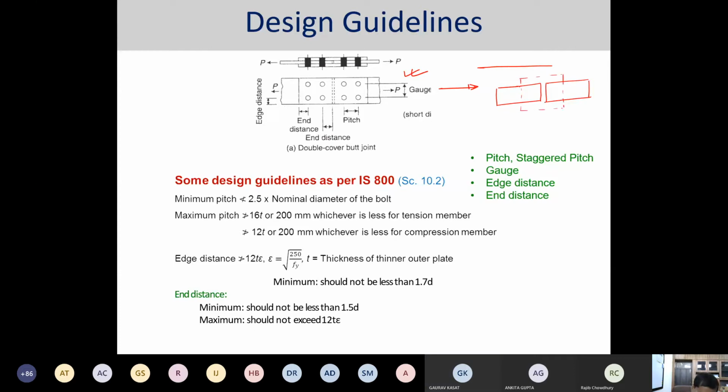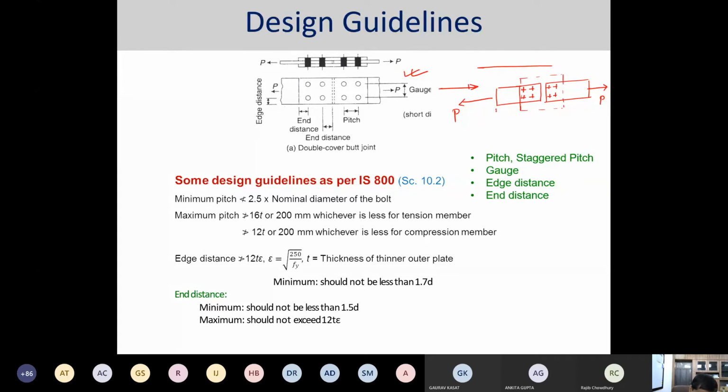This is the plan, and I am providing a particular tensile force over here. My bolts are being placed this way.